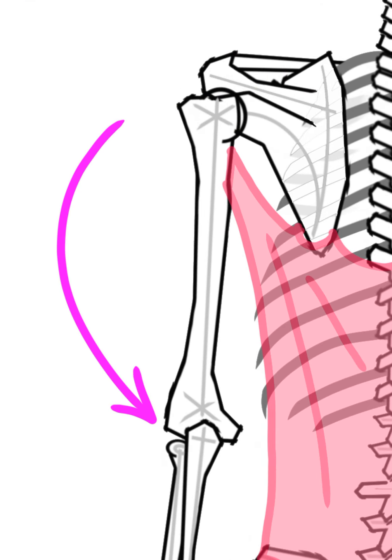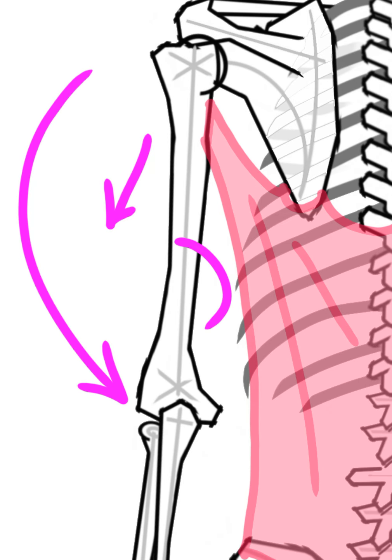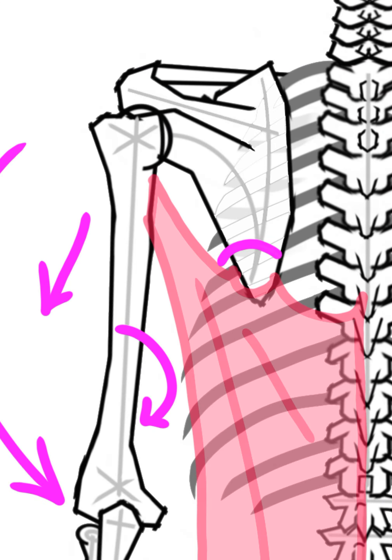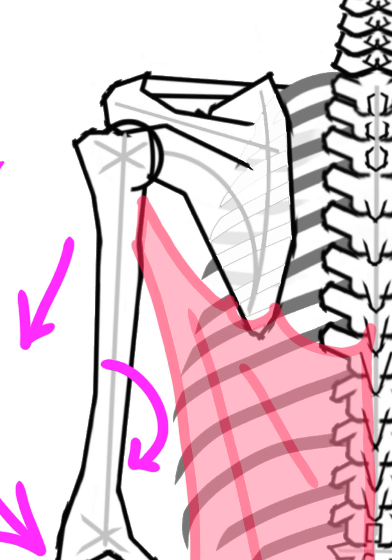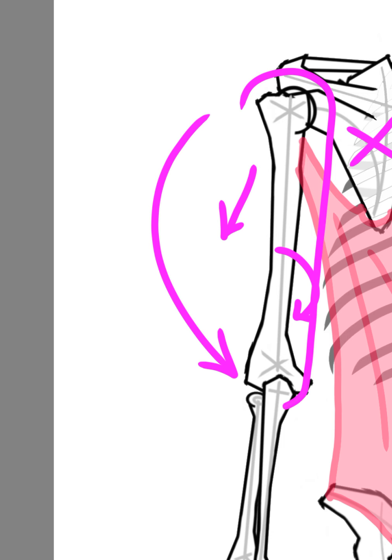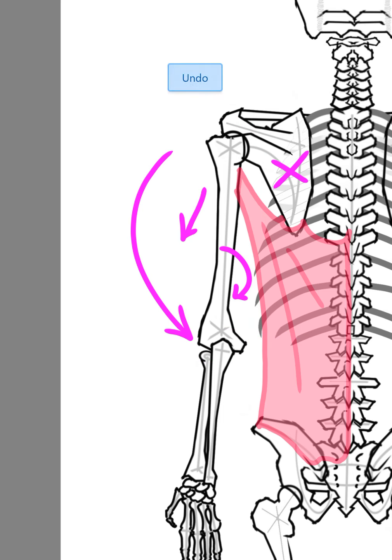It brings it into relative extension and then internal rotation at the same time, all in one very convenient movement. Now, if it only did that, that would make some sense as to why we call this the origin, because it is making the scapula stay still and only this humerus bone is moving. If that were the case, that only makes sense in an isolated movement pattern.